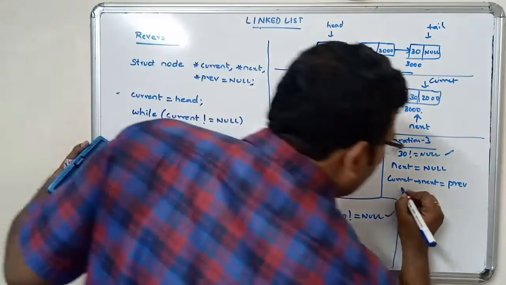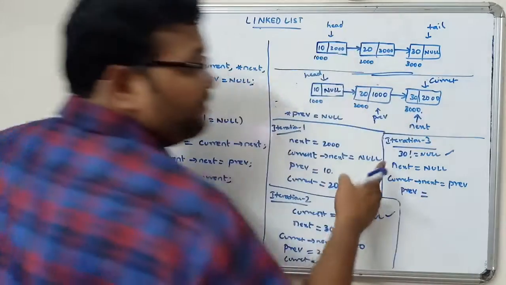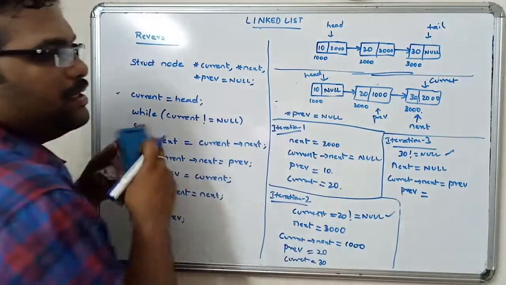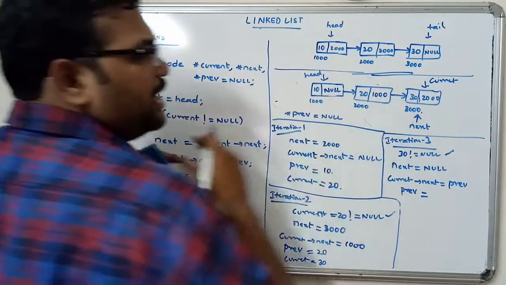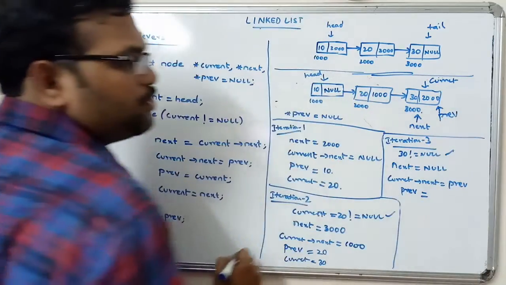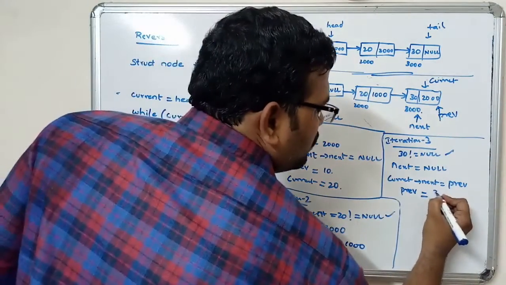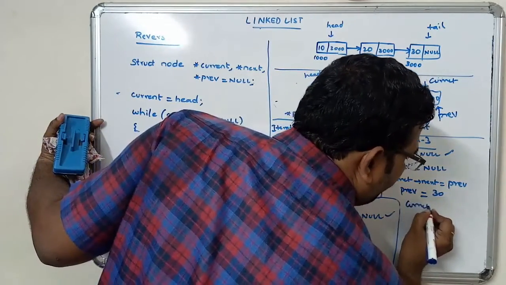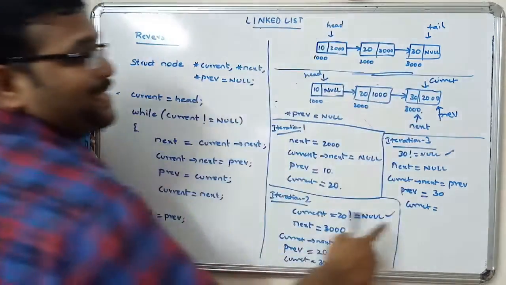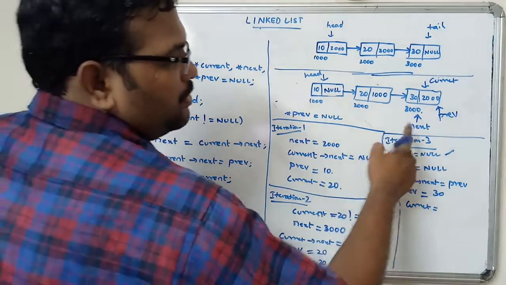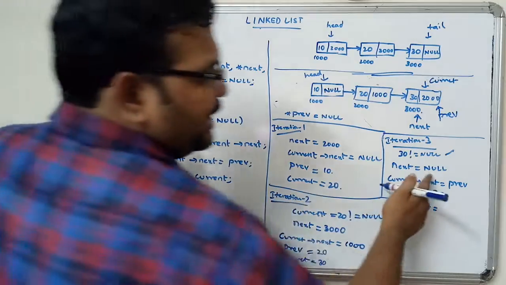Now previous is equal to current, so this will be assigned here itself. Previous is equal to 30. Next, current is equal to next. Next is equal to null.